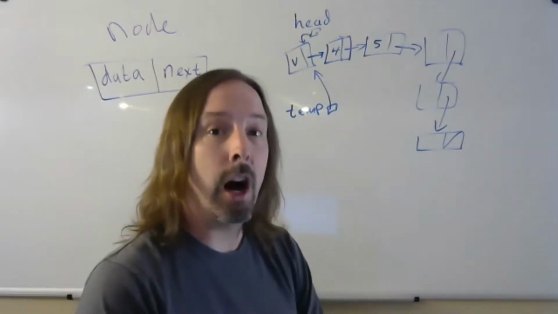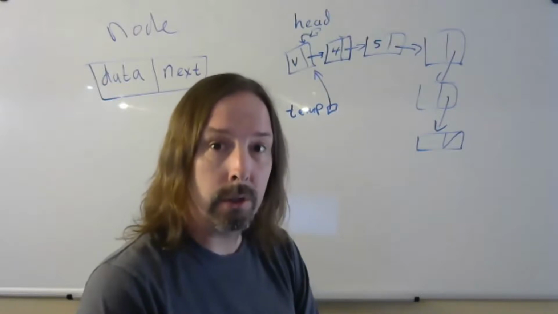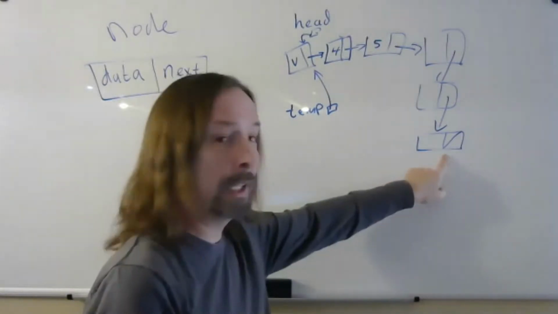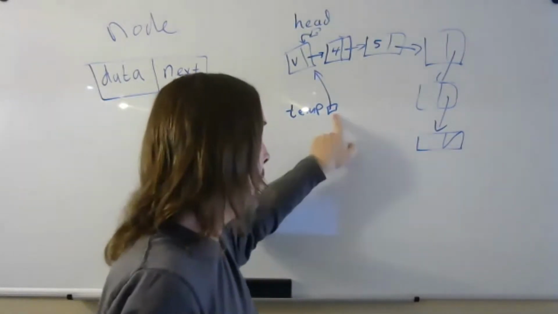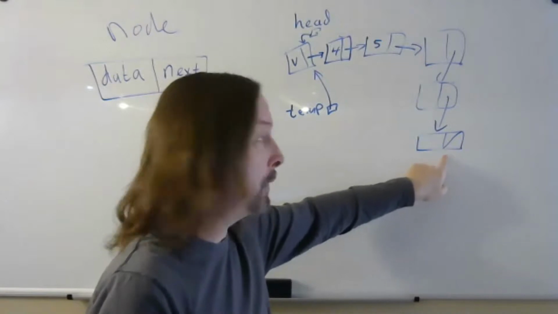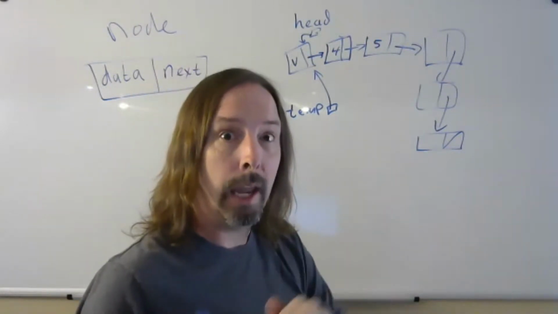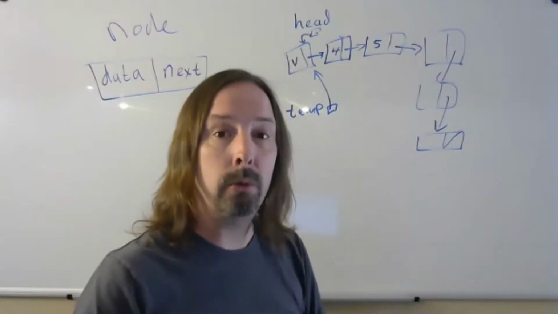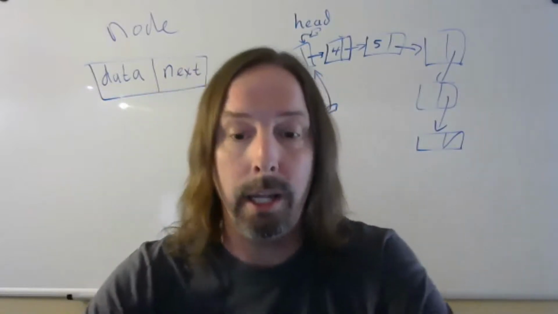And if that's not null, then we'll count that node and move to the next, and we will continue to do this. The moment we get to the last node and set temp equal to that node's next, temp will become null and we'll kick out of the loop and our count will be complete. So let's switch to the code and implement this.